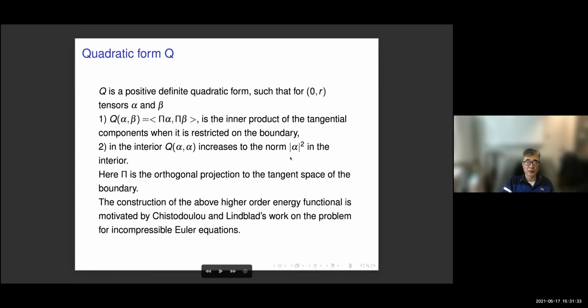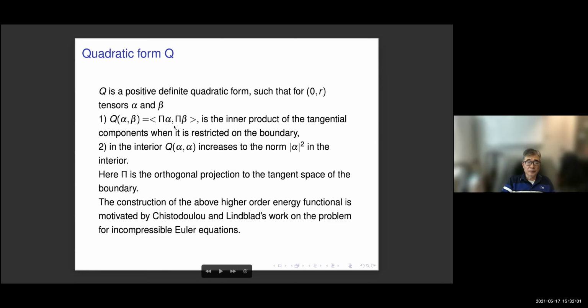So in the interior, for the quadratic form q, the construction of q is obtained by extending the unit normal on the boundary to the interior to get a vector field.